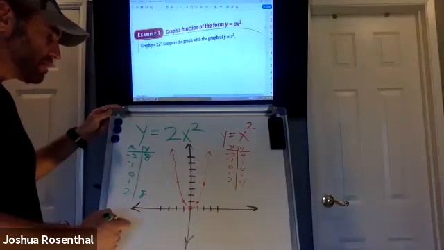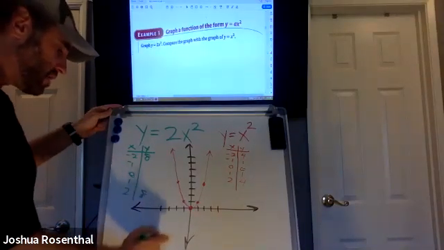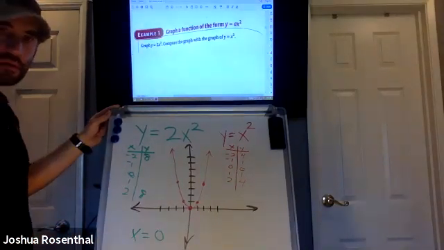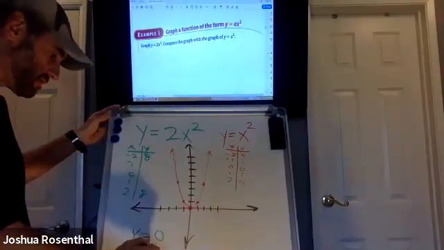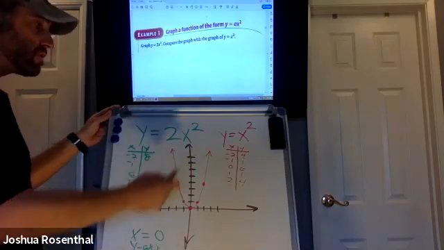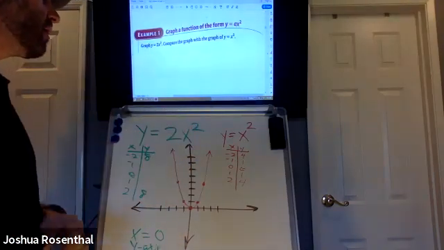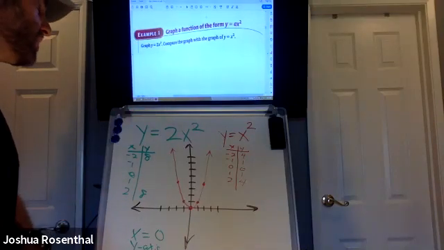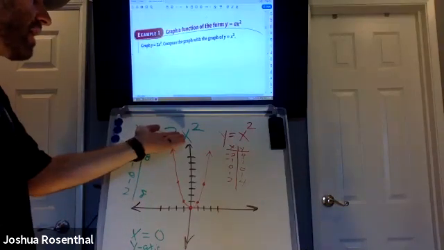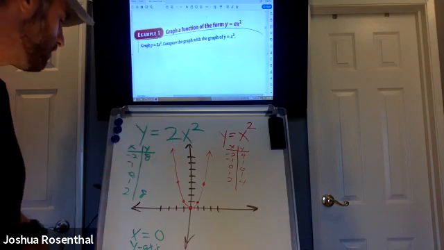I know that x equals 0 is my axis of symmetry. That vertical line, which is the y-axis. This is the y-axis. That's the axis of symmetry. How do I know? Because this has not been horizontally transformed, which we haven't seen yet, but you'll see it. You guys could probably put together what it looks like when you do that.